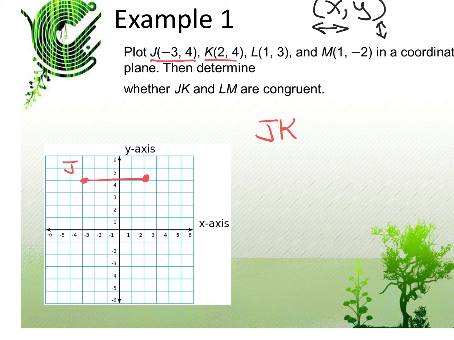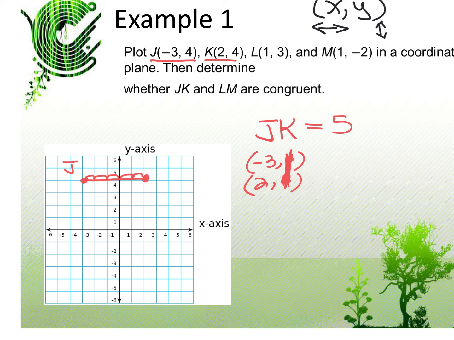So now, since I just graphed it, I could count the little squares, and notice it has 1, 2, 3, 4, 5 squares. So the length of JK is 5. Now, if you didn't want to count the squares, what you're going to do is take the coordinates, and you're going to look to see which coordinate is the same, the X or the Y. And we don't use that one.